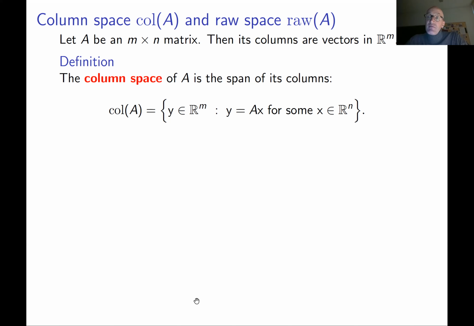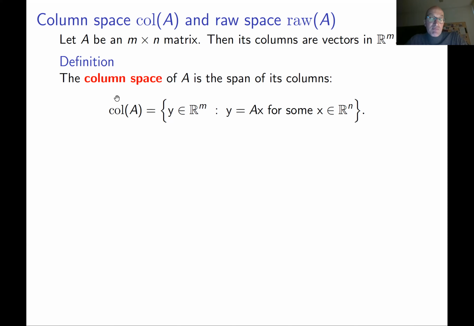We can take all possible linear combinations of columns, and we call it the column space. So again, by definition, the column space of a matrix is a vector subspace of our m-dimensional space that consists of all possible linear combinations of columns of this matrix.